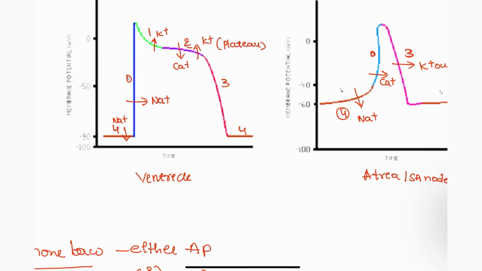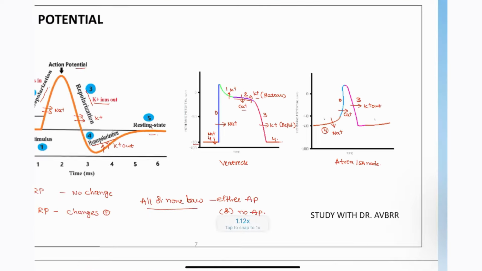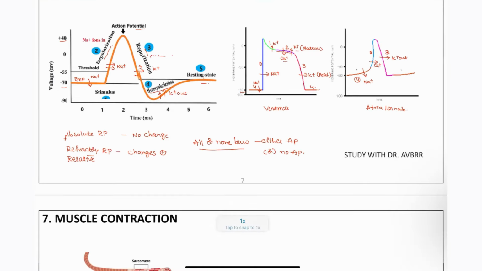Why? Because there is a steady state for the maintenance of this resting membrane potential, with calcium inside and potassium outside. And here there is a complete potassium out, so again you are going to see the repolarization, right? And again, the phase is back to the resting membrane potential. Okay, these are the important points of the action potential that you have to remember.